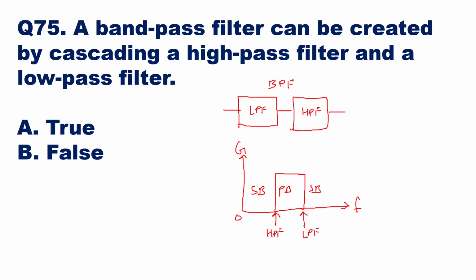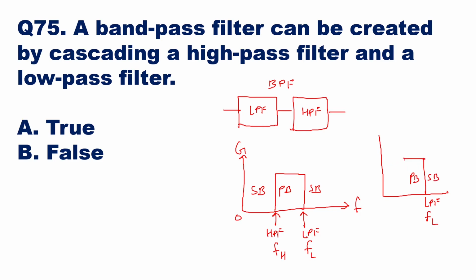So you can have a low pass filter which can pass all the frequencies below a certain cutoff frequency. It is going to pass here, it is going to stop here. So you're going to have something like this.